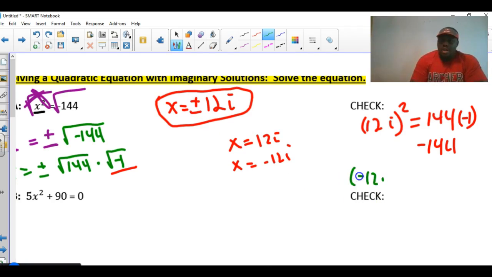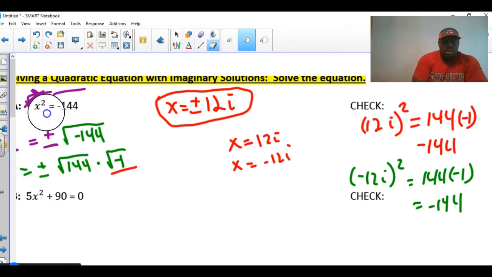Negative 12i squared. Again, if you square a negative number, it becomes positive. So negative 12 times negative 12, a negative times a negative, is going to be positive 144. And again, i squared is negative 1. So if I multiply those, I end up with negative 144, which is what we originally started with, negative 144. So it checks out.